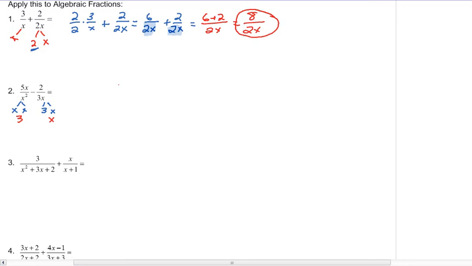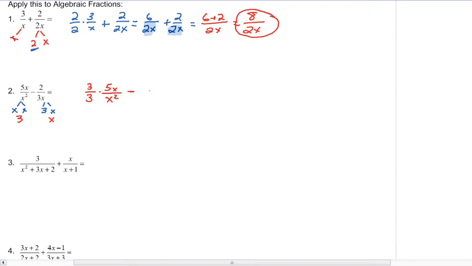If we had that, they both would have exactly the same factors. Whatever factor is missing, you have to multiply top and bottom by that missing factor. Which means that this first one is going to be 3 over 3 times 5x over x squared.